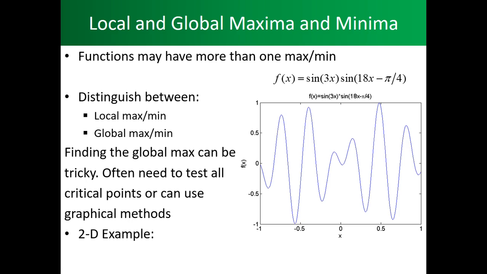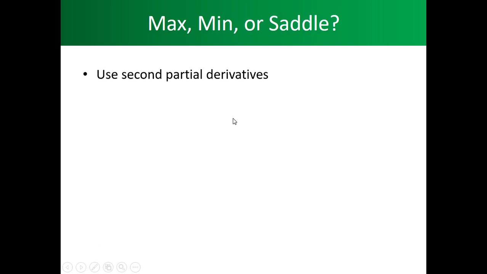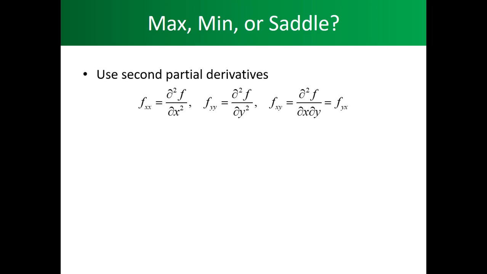So this is our two-dimension example. Use the second derivative with partial differentiation. We have some notation here. f sub xx is the second partial derivative of the function with respect to x. f sub yy is the second partial derivative of f with respect to y.